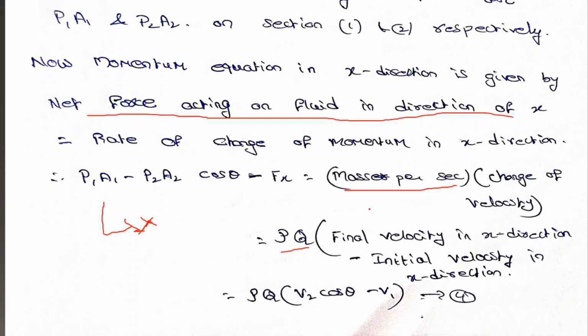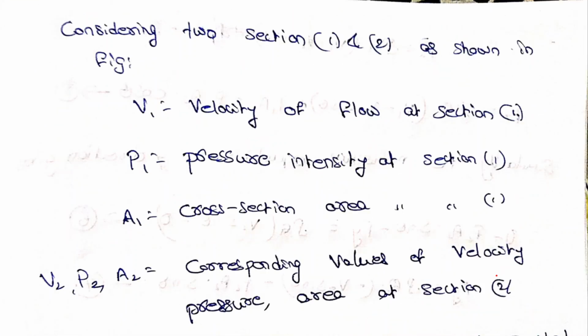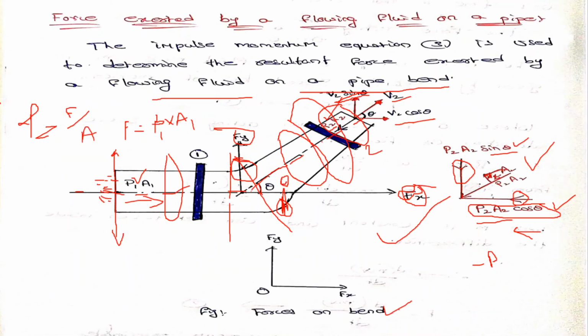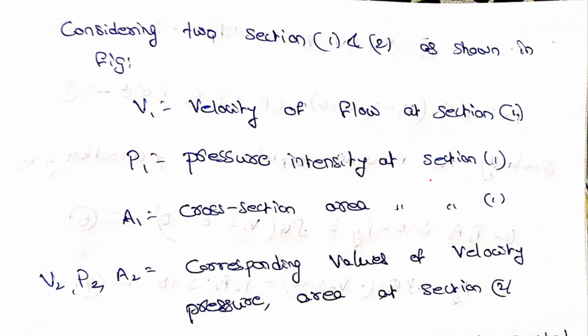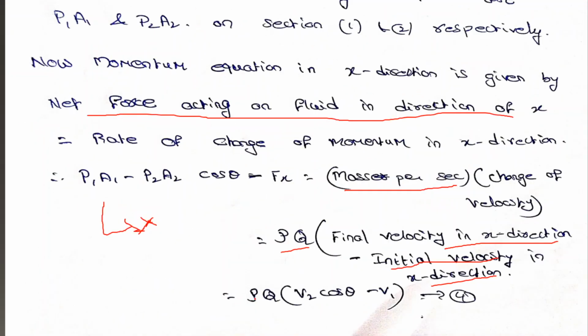Here change in velocity is the final velocity in x direction minus the initial velocity in x direction. Now see here, what is the value in x direction? V2 cos theta. Okay, now minus V1.